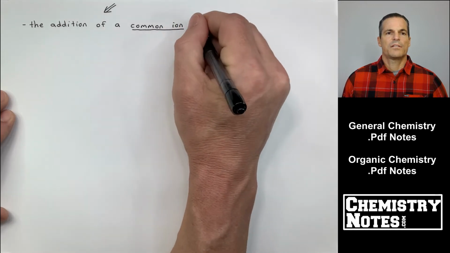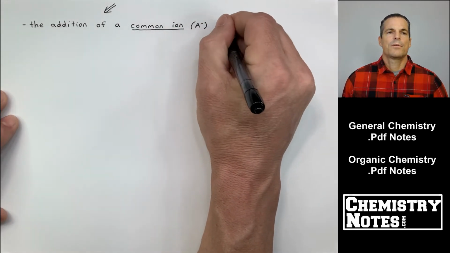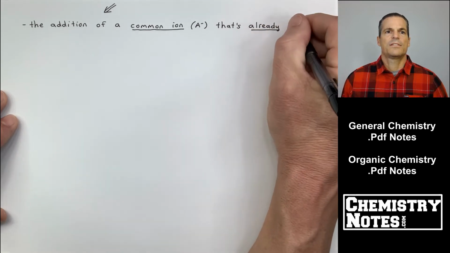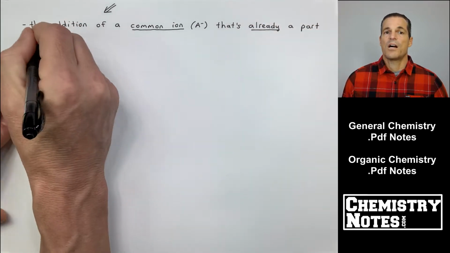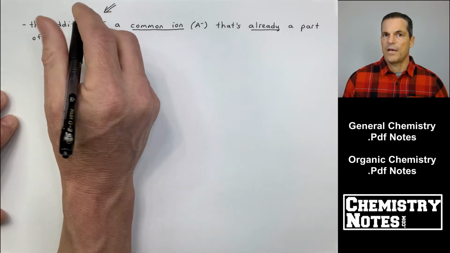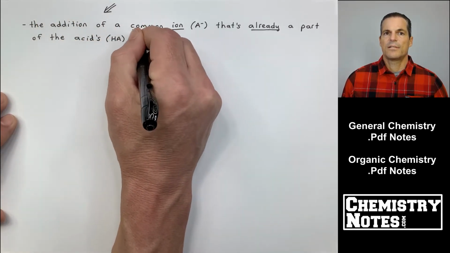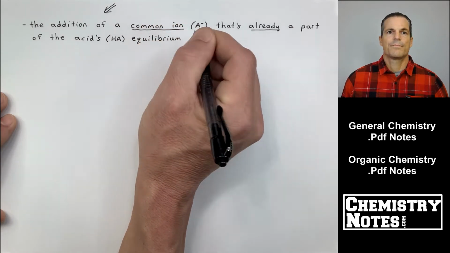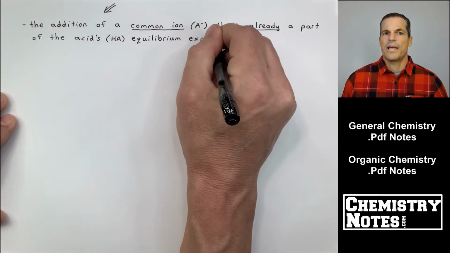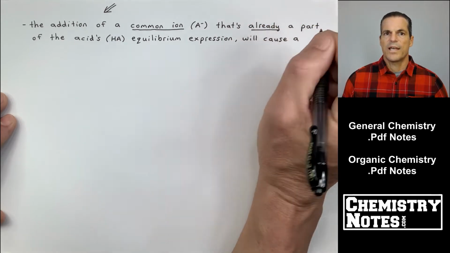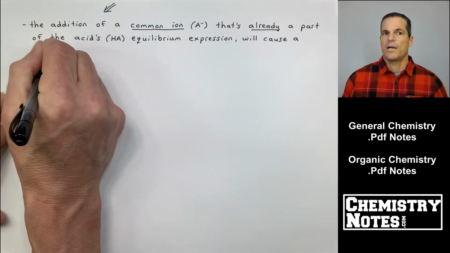If you take a look at the top of page 2 here, there is a bullet point, and this bullet point says the following. It says the addition of a common ion, such as A minus, that's already a part of the acid's equilibrium expression, and the acid I have is HA. So I just have a generic HA acid, weak acid, and the common ion A minus.